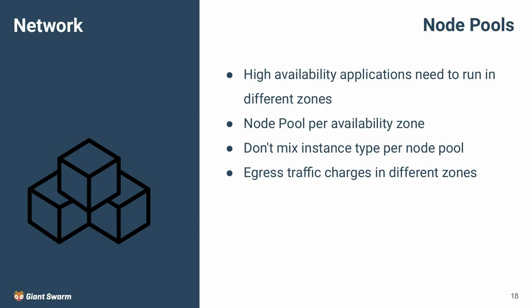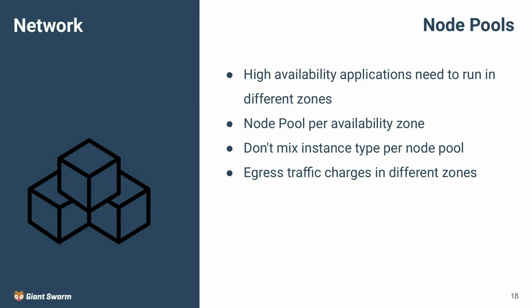But on most occasions, if you run Kubernetes or a system where you can spin up containers in different zones quickly, if one of the zones goes down, then you have to consider if it's worth it or not. There is also something important, which is that you have to set a node pool per availability zone.